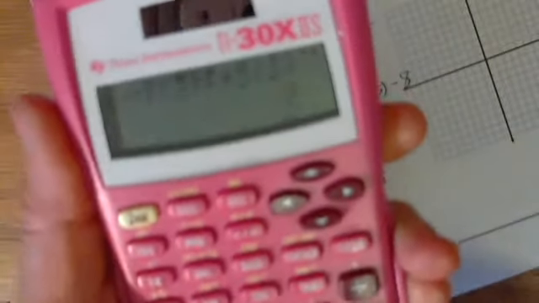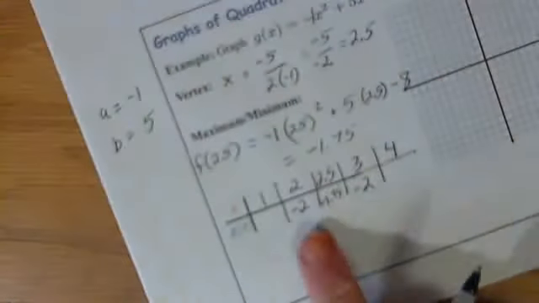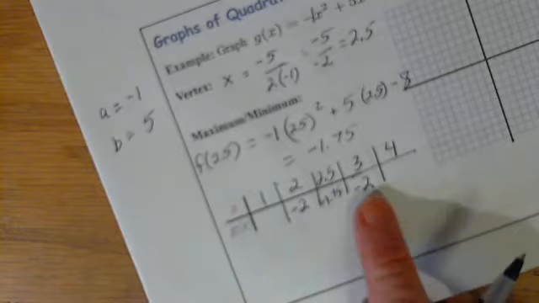Let's see what we get for an output. We get negative 2. Alright, let's put the 2 in. If we're doing this right, we should get exactly the same answer. Putting 2's where the 3's were, and we do indeed get negative 2. That tells me I'm doing this right, because remember, it should be symmetric.